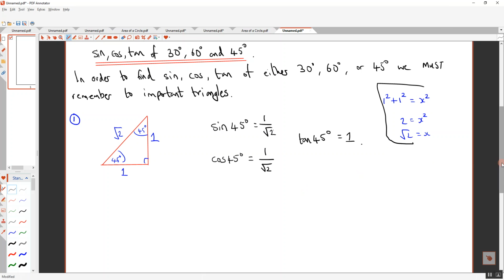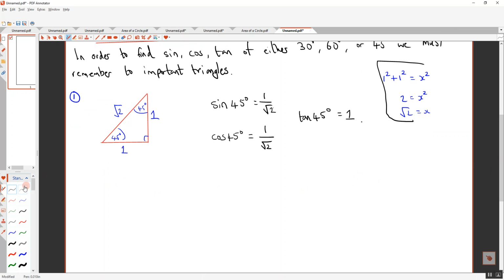So that's your first triangle. That's our 1, 1, root 2 triangle. The second one, I remember it by thinking of it as an equilateral triangle. So let me draw this first, and then you can have a look. Oh, come on, computer.